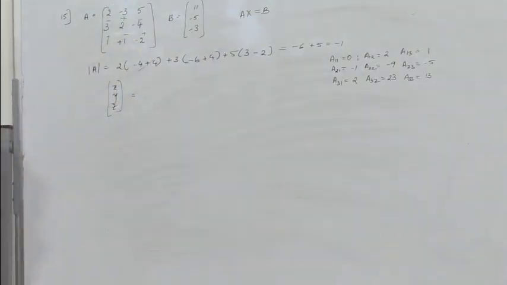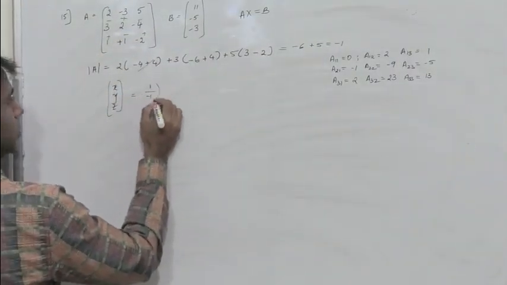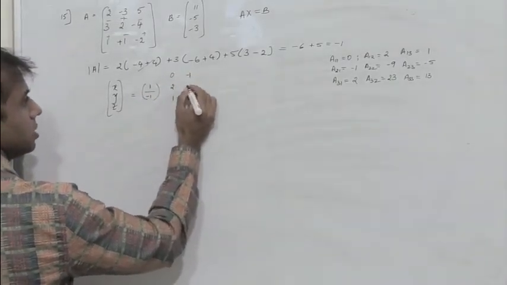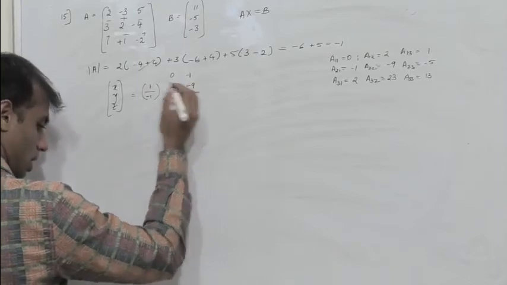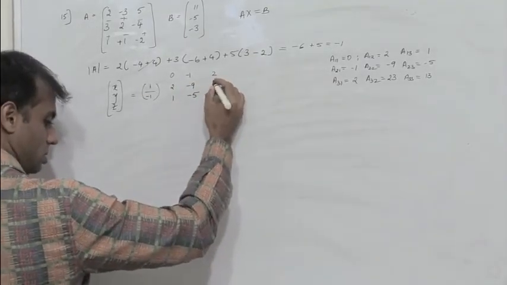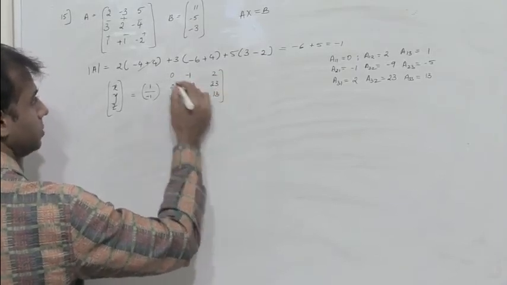Writing all the cofactors column wise, of course I have 1 by minus 1, which is the determinant. So I get 0, 2, 1, minus 1, minus 9, minus 5, and then 2, 23 and 13.